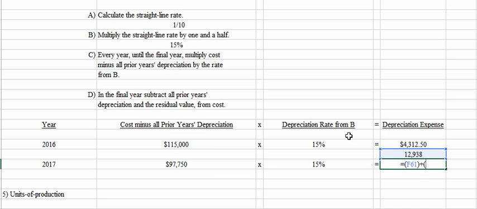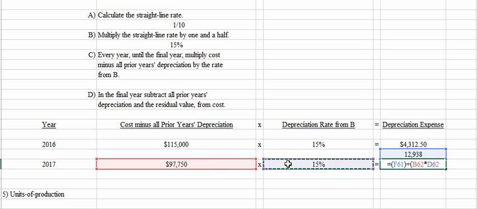To calculate it, we take cost minus depreciation expense from year 1 times our rate times the 3 months divided by 12 that the machinery was actually placed in service for year 2 in 2017. So here's our first 9 months at the year 1 rate, and here's our last 3 months at the year 2 rate, or at the year 2 depreciable cost.